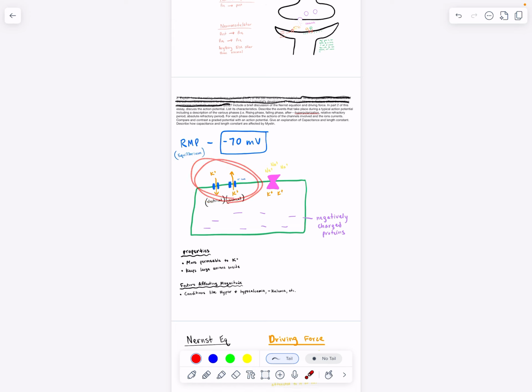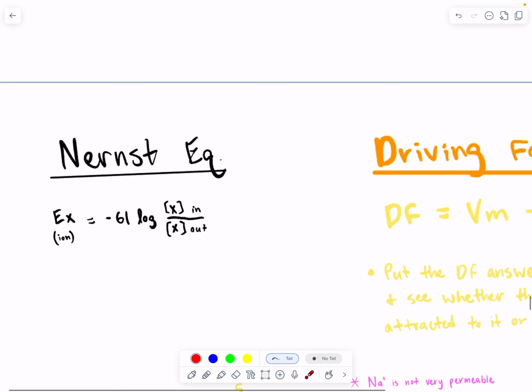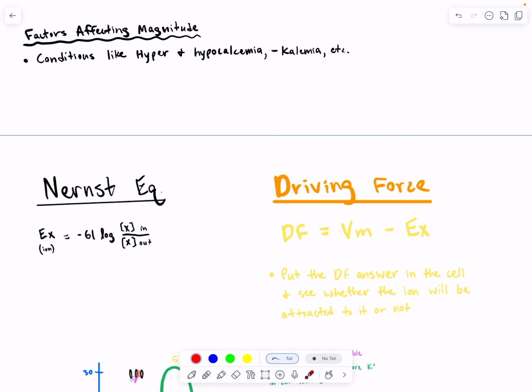So we have this equation here. E of X is just the ion. So in the case above, we'd do potassium. Again, put potassium here, potassium there. This is the concentration of potassium inside the cell. This is the concentration of potassium outside the cell. This is just a constant. So we plug all the numbers that were given in, and we come out with a number.